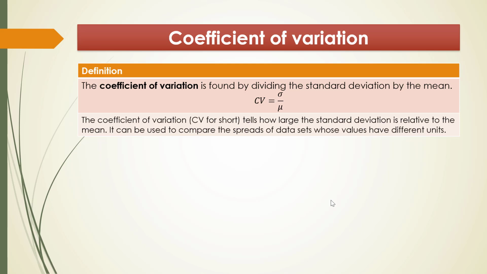The coefficient of variation is found by dividing the standard deviation by the mean. So CV is sigma over mu. The coefficient of variation, CV for short, tells how large the standard deviation is relative to the mean. It can be used to compare the spreads of data sets whose values have different units.